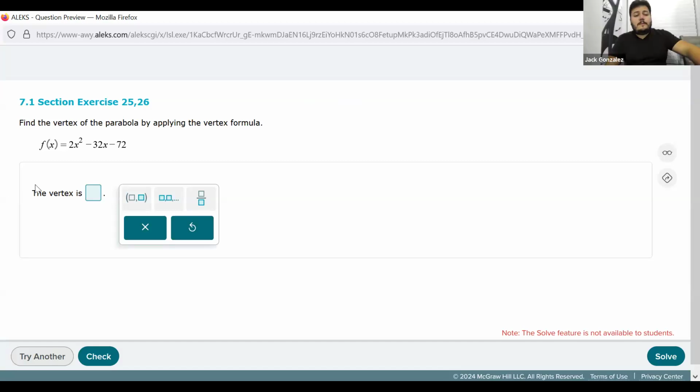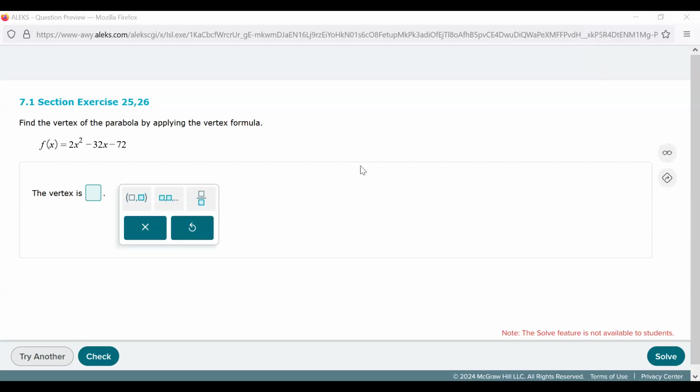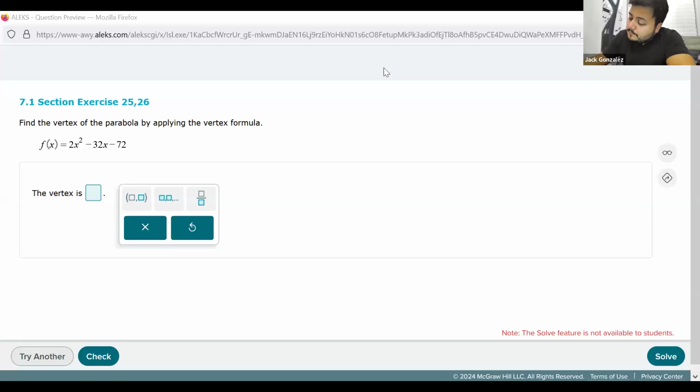Can you see the new question? Yes. Let's write this one down. Just find the vertex of the parabola by applying the formula.